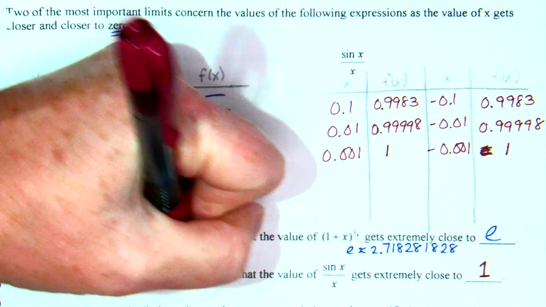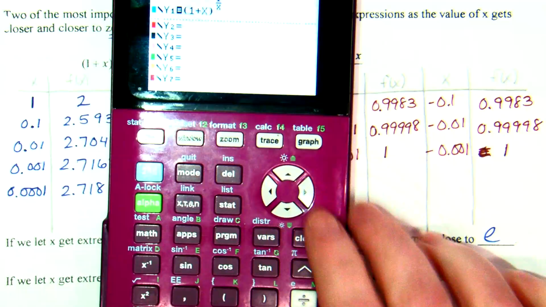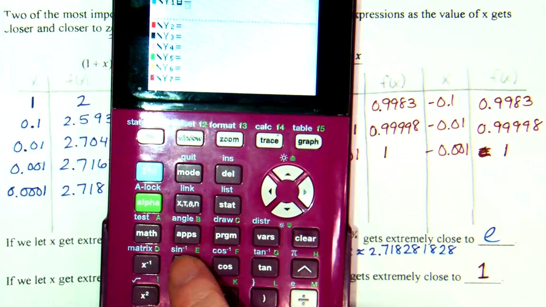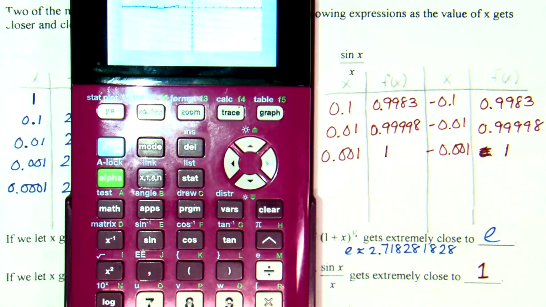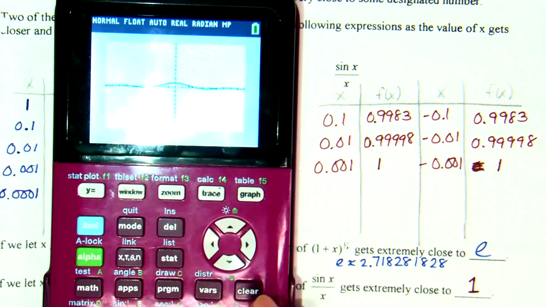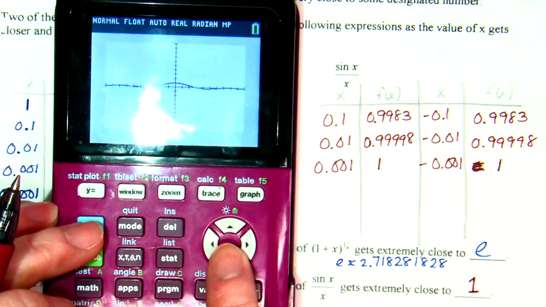Now, if I graph this one, sine x divided by x. Okay. Lovely glare up there that I'm trying to avoid.